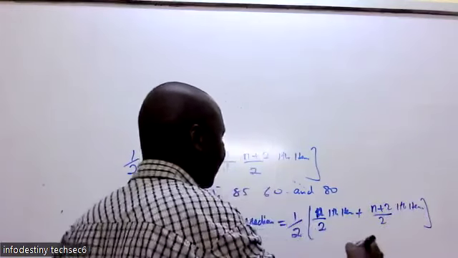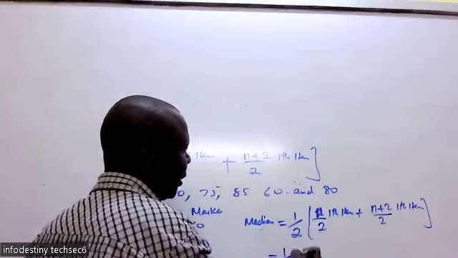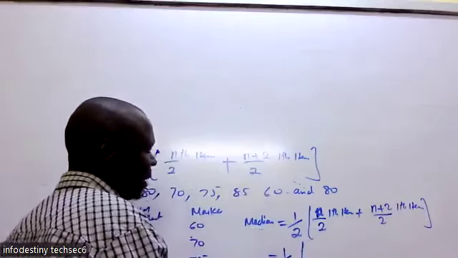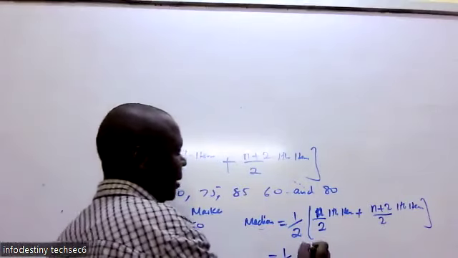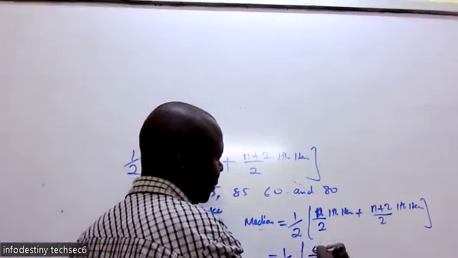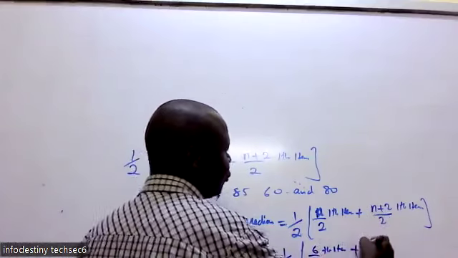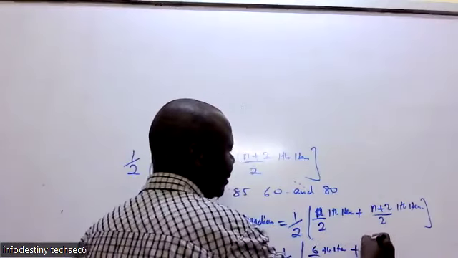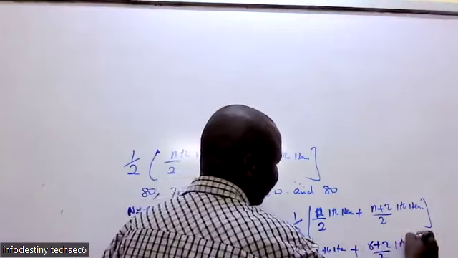We are together? Now that's going to be equals to 1 over 2 into bracket. What is n? n is 6. So we take 6 over 2 items plus n is 6 plus 2 over 2 items.